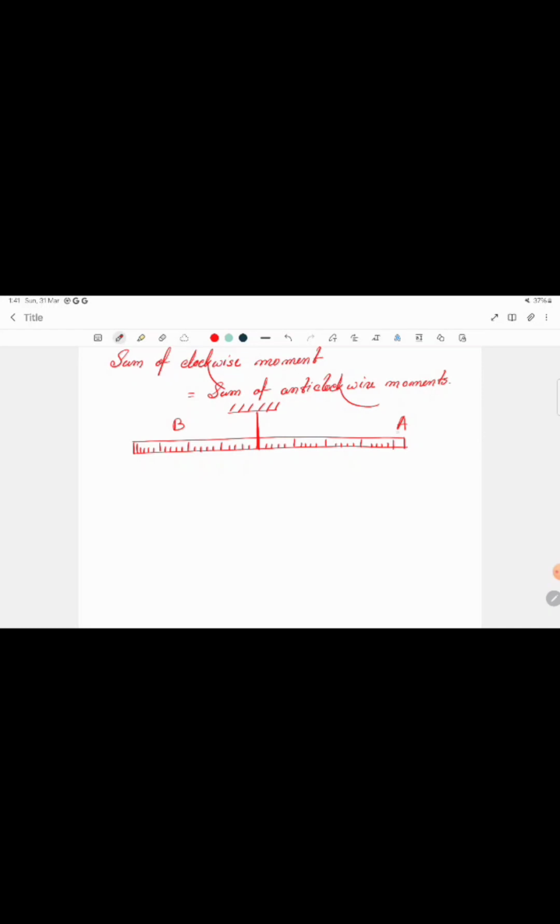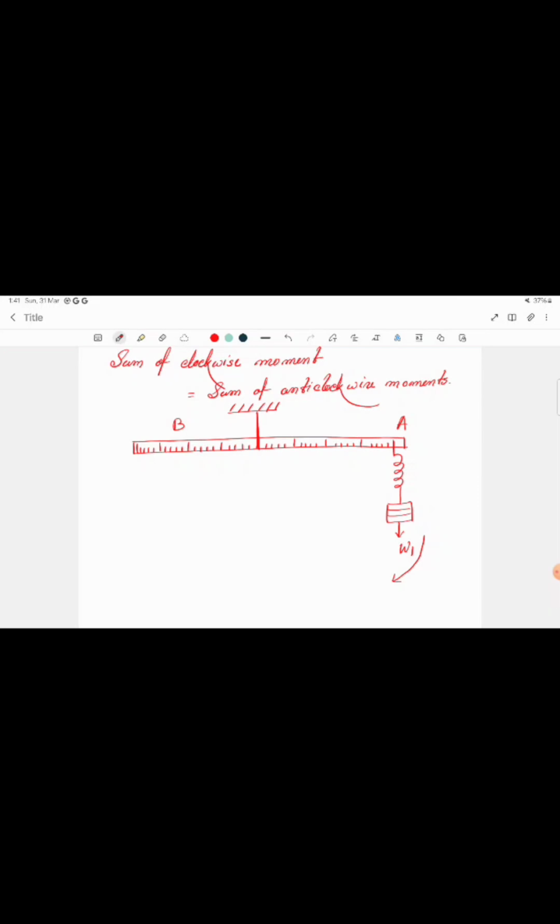So suppose at this point we are having one spring, and with the spring we have some amount of weight. Suppose this weight is W1. Obviously it will move in this direction, a clockwise moment, we can easily say.